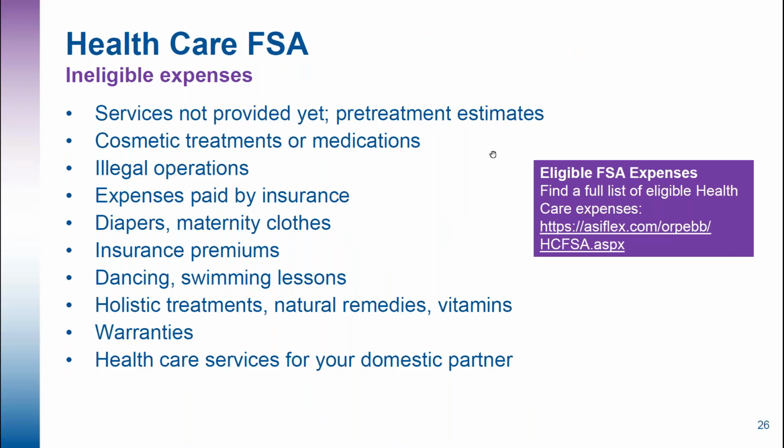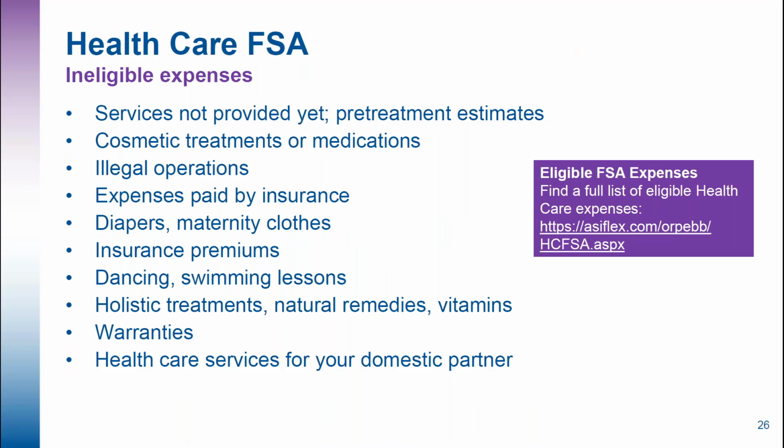Ineligible expenses for your healthcare FSA: services that haven't happened yet. So pre-treatment estimates, you can't use it because the service hasn't happened yet. Cosmetic treatments or medications, illegal operations, expenses paid by insurance, diapers and maternity clothes, insurance premiums, dancing and swim lessons, holistic treatments, natural remedies, vitamins.